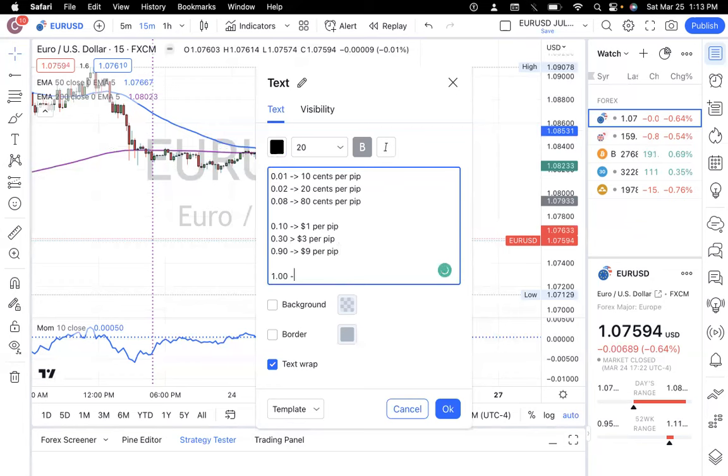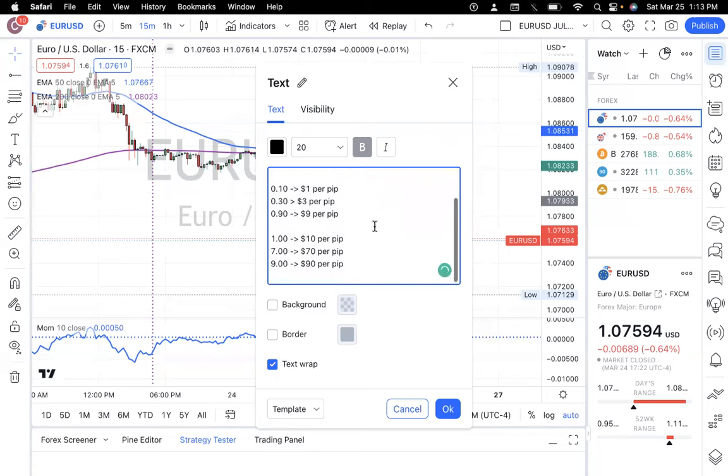So 1.00 is $10 per pip, just like 7.0 would be $70 per pip. And let's just say 9.00 is going to be equivalent to $90 per pip.